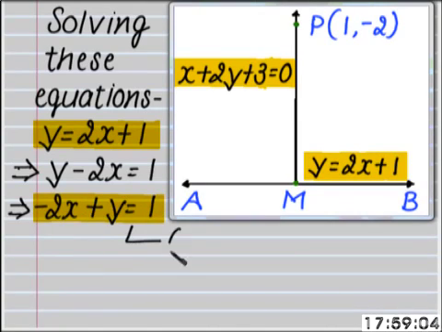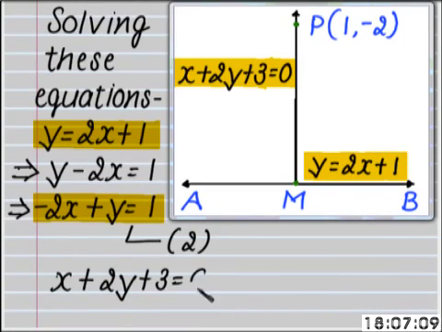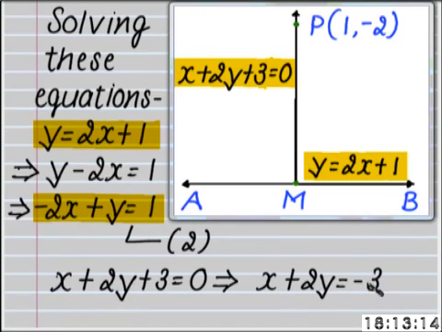Let it be equation number 2. Further, x plus 2y plus 3 is equal to 0 implies that x plus 2y is equal to minus 3. Let it be equation number 3.